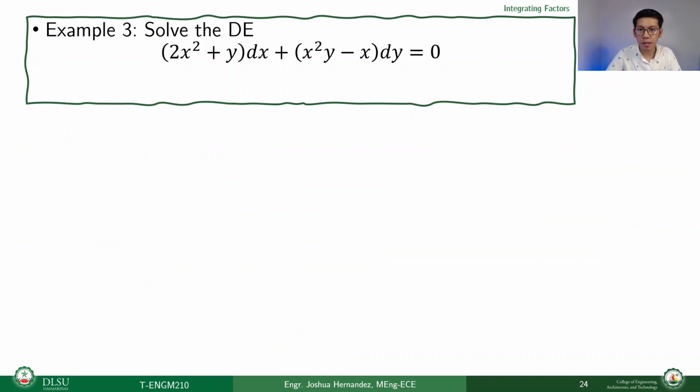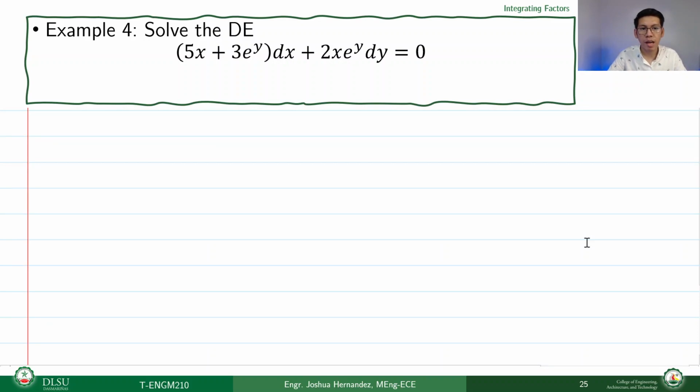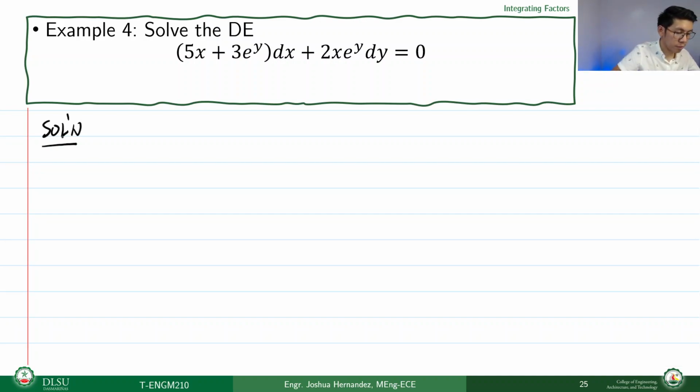Now let's move on to our next problem. We have example number 4, 5x plus 3 e to the y dx plus 2x e to the y dy equals to 0. So let's solve this. Solution. We first identify m and n.